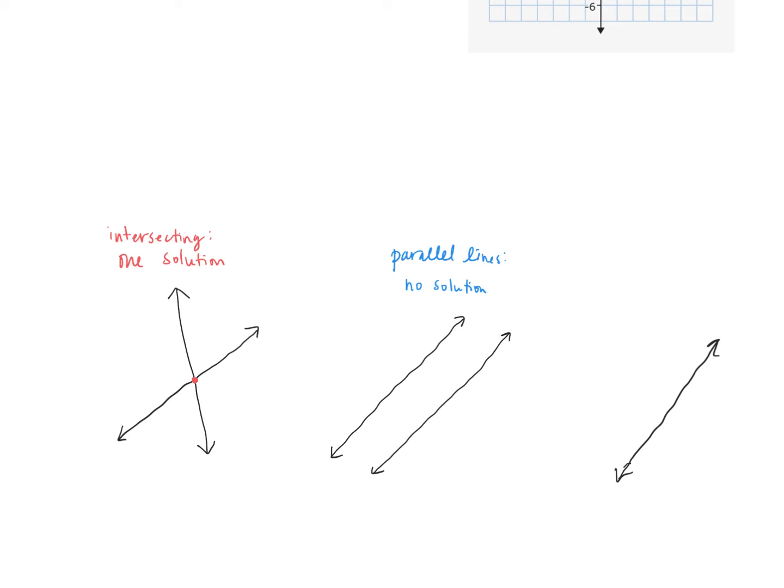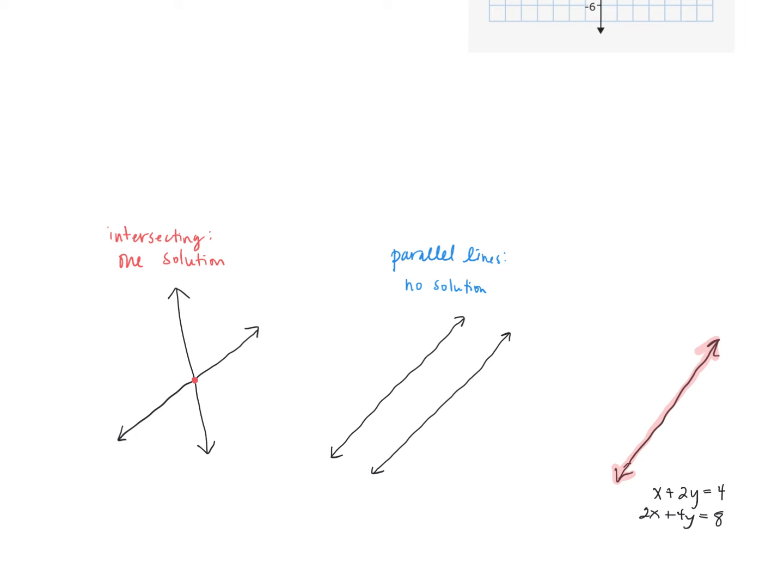Another possibility is that your other line, I'm going to use a highlighter, actually lies directly on top of the first line. So in this case, you really have the same line, but maybe it's a multiple. Some people might think, how in the world could this happen? Maybe you have x plus 2y equals 4, and then the other line is a multiple, 2 times all of that, so it would be 2x plus 4y equals 8.